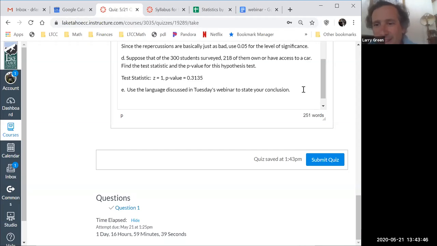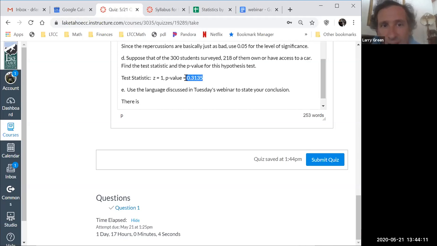Simple words, not fancy statistics words. There is. Do you remember that? And now the next word is one of 2 things, but in this case, our p-value is large.